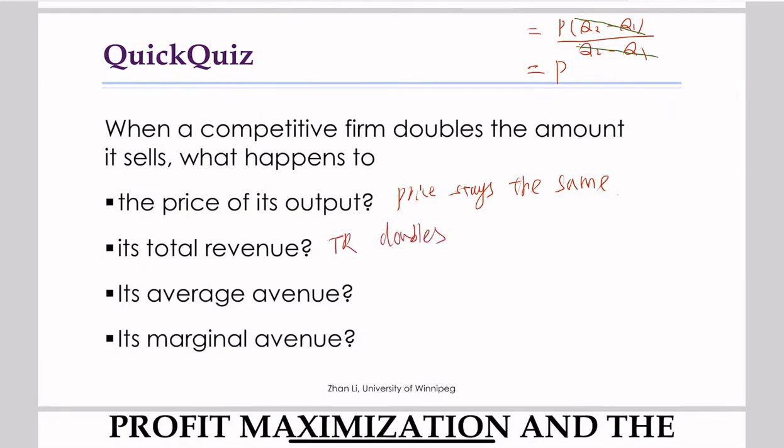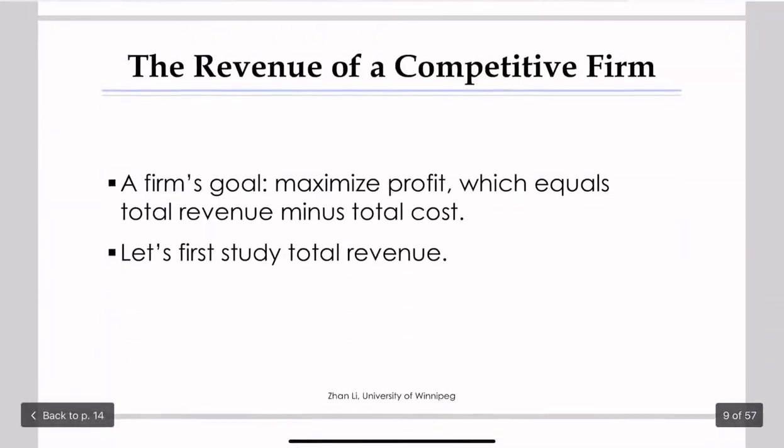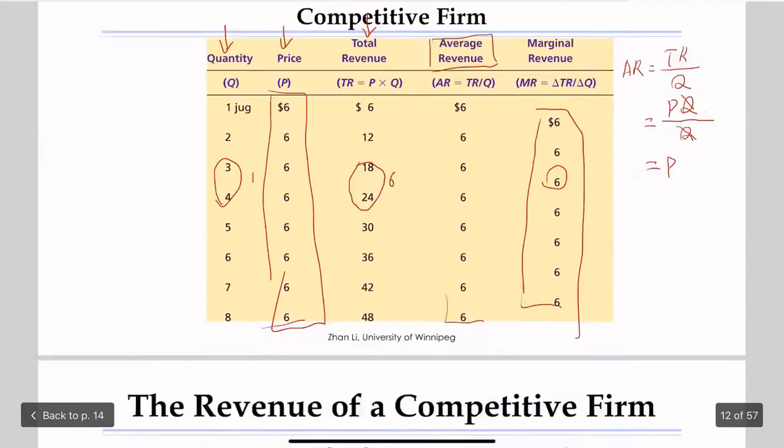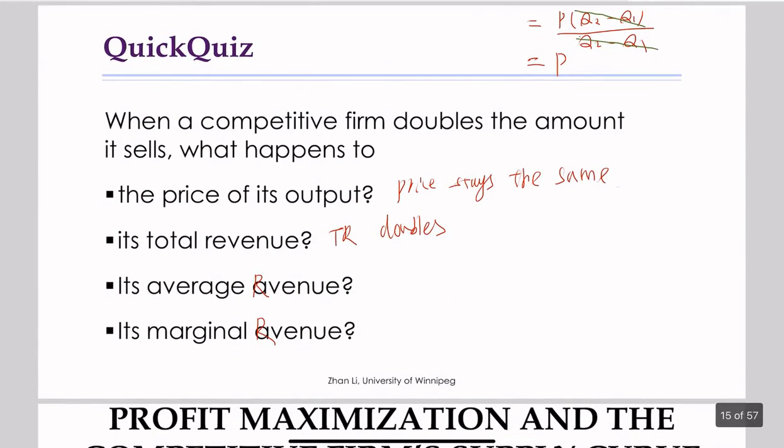What about average revenue? Sorry, it's not avenue. It's revenue. Let me go back to this. So its average revenue should stay the same, right?